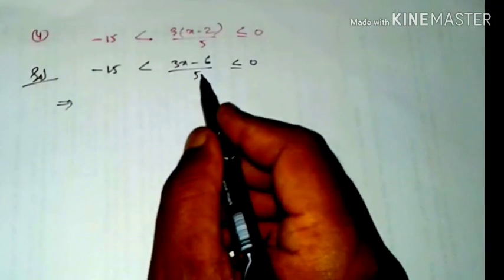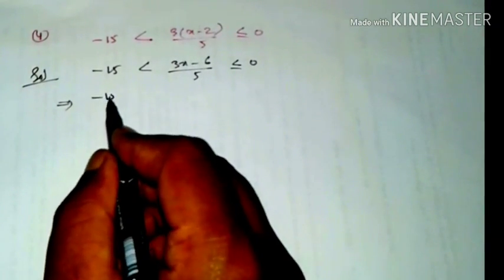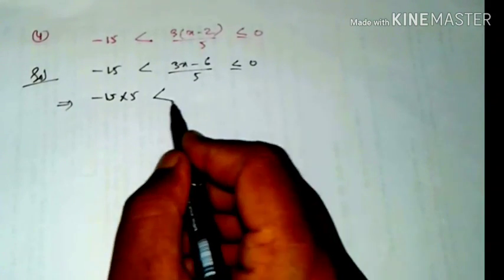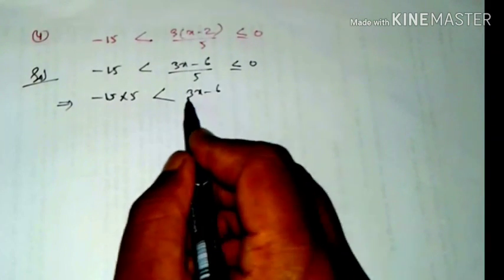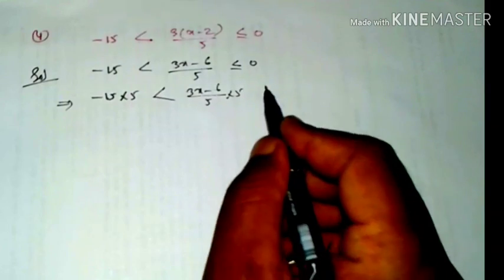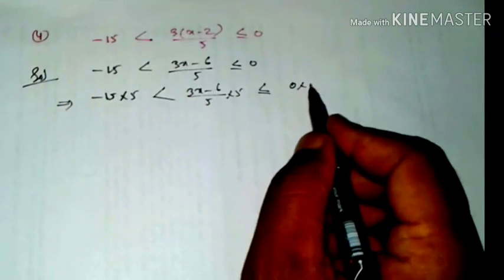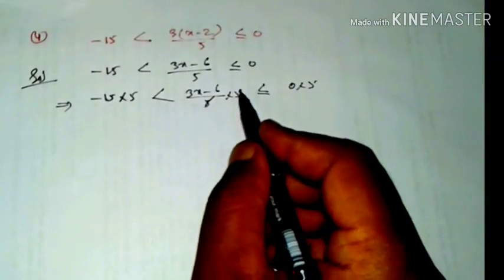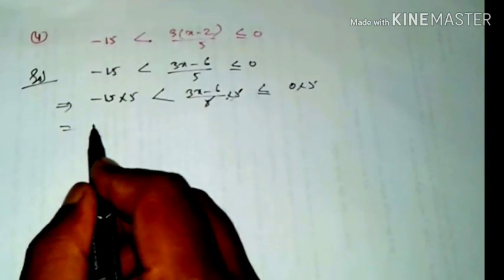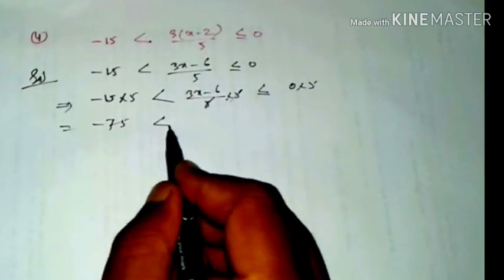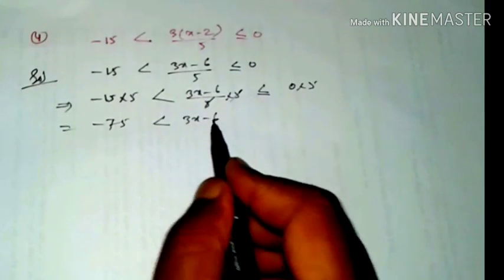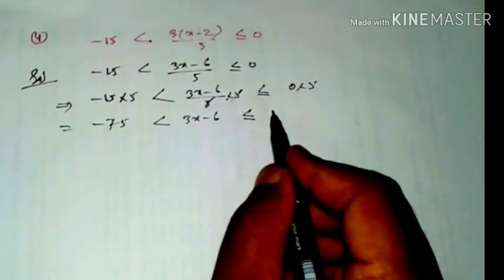So we have to multiply by 5 here. That's minus 15 into 5, 3x minus 6, and 0 into 5. This is minus 75 less than 3x minus 6 less than equal 0.